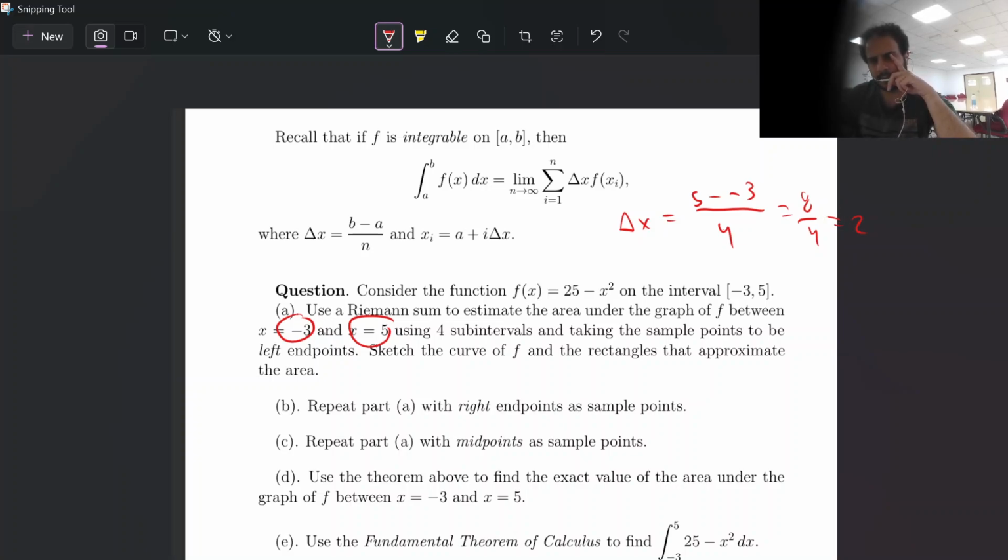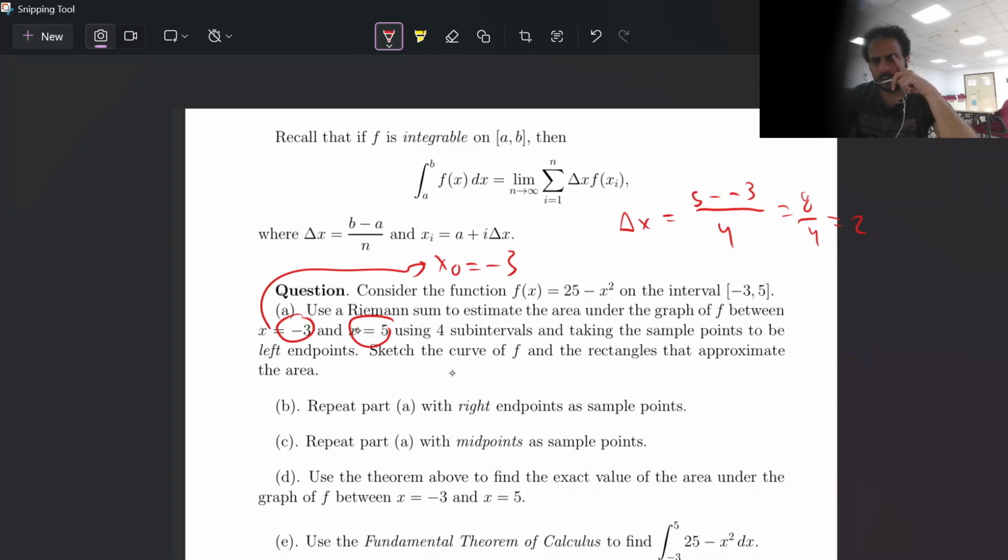We have 4 rectangles. In part A, we are using right endpoints. So for part A, since we are using right endpoints, we start at x1, right? But first, what is x0? In general, we need x0 to find x1. x0 is minus 3, right? It's this one here. This is x0. Now let's solve part A: use a Riemann sum to estimate the area under the graph.